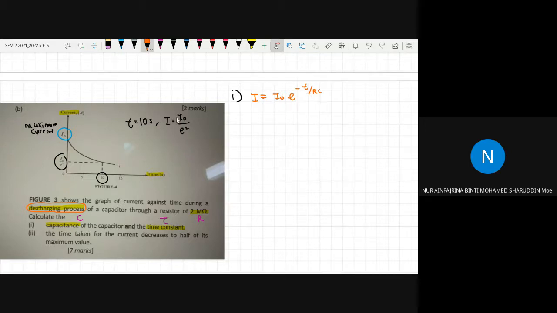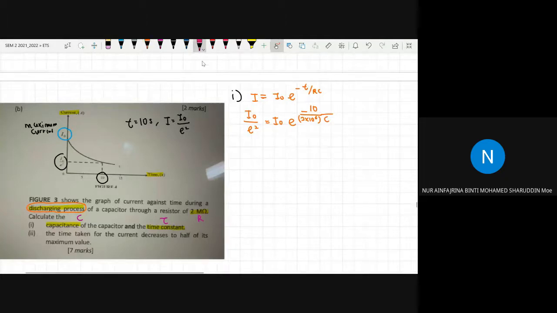Now I know the current at 10 seconds is I naught over e squared, so I will just substitute. I naught over e squared equals I naught e to the power of negative t over RC. The time is 10 seconds. The resistance is 2 mega ohm, so 2 times 10 to the power of 6, since mega is 6, multiplied by the capacitance. We want to find the capacitance.